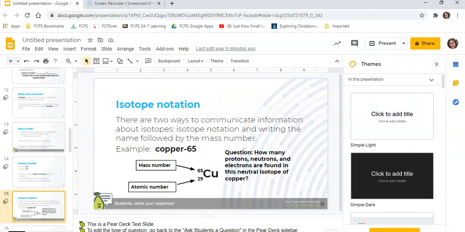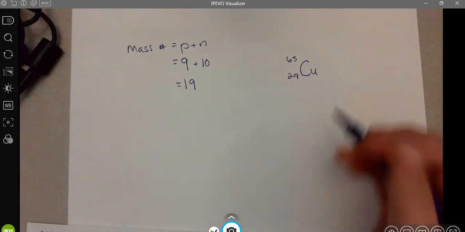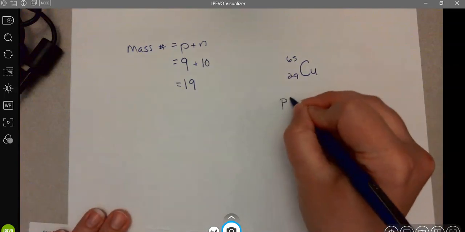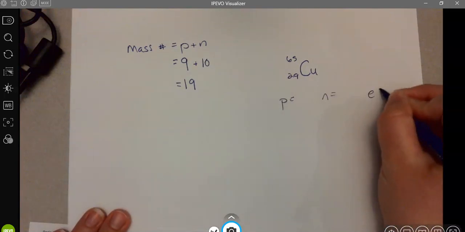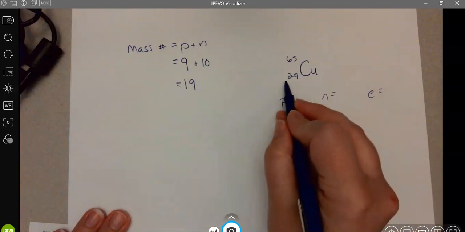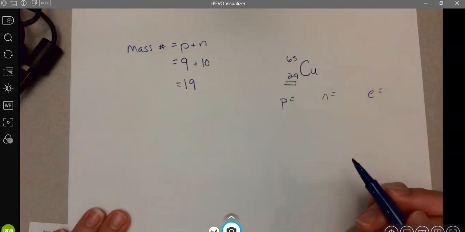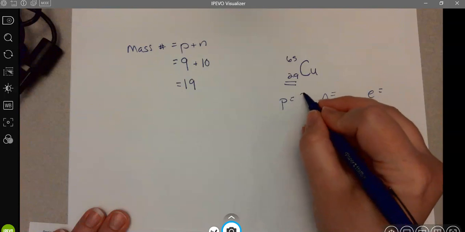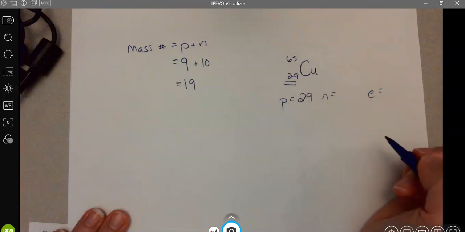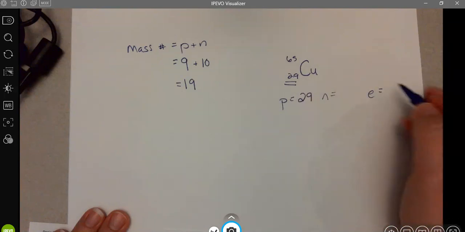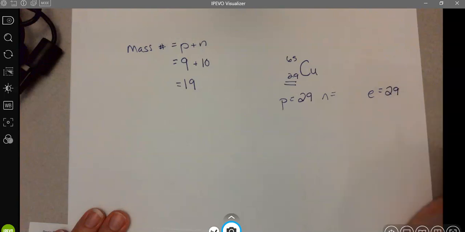Okay, so this is my isotope, and I want to know the protons, neutrons, and electrons. Now, the problem told me that the atomic number of copper was 29, which means there are 29 protons always and forever. Since this has no charge, there's also 29 electrons.